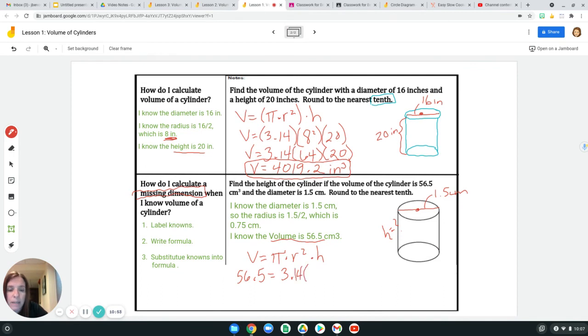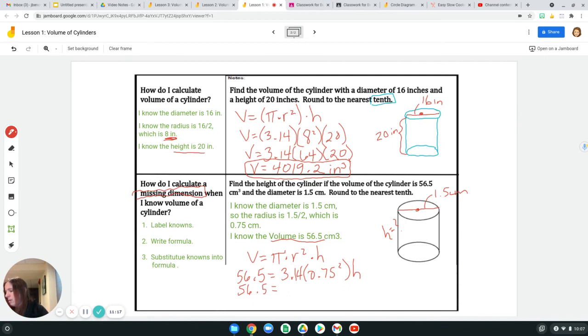We know our radius. We were able to calculate that. That was 75 hundredths. We're going to have to square it. We don't know the height, so we leave that as h, okay? This is going to start to look like some of our equation work from earlier in the year, where we just solve for the variable, whether it's on the left or the right.